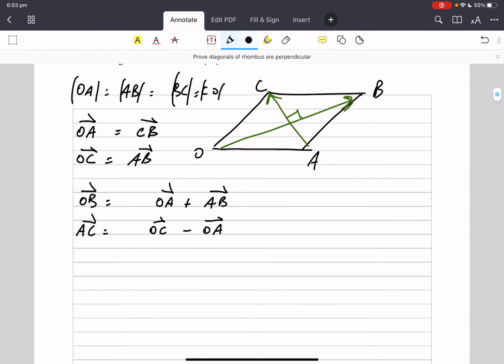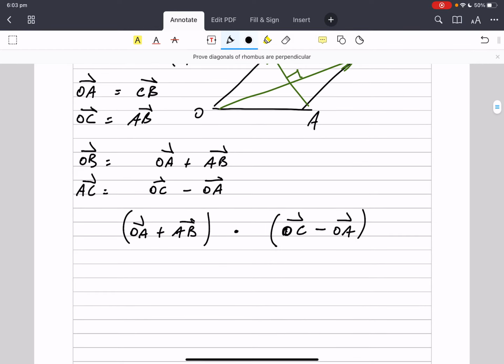Okay, let's dot product them together. So OA plus AB is a vector, and the dot product of that with the other vector. At some point you will have done a distributive law. So the dot product is distributive.